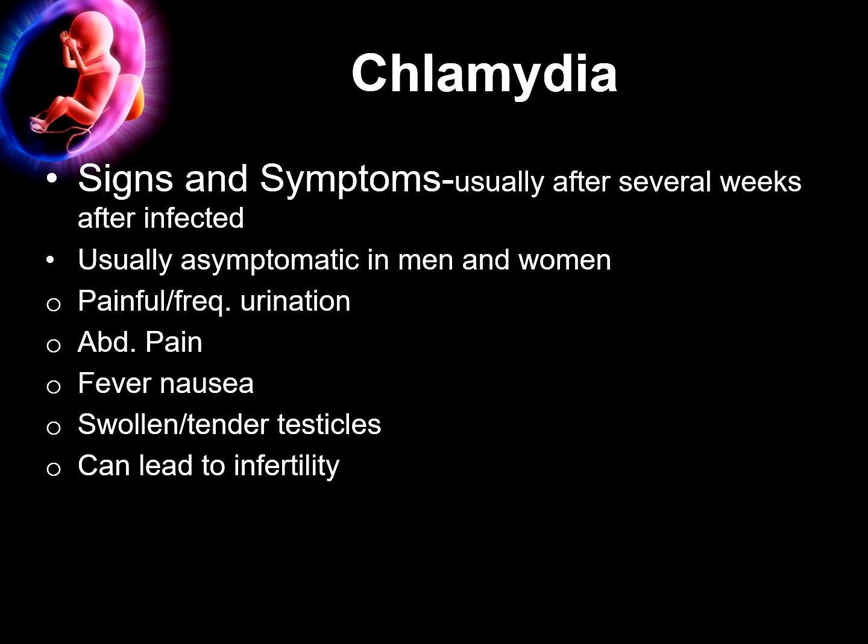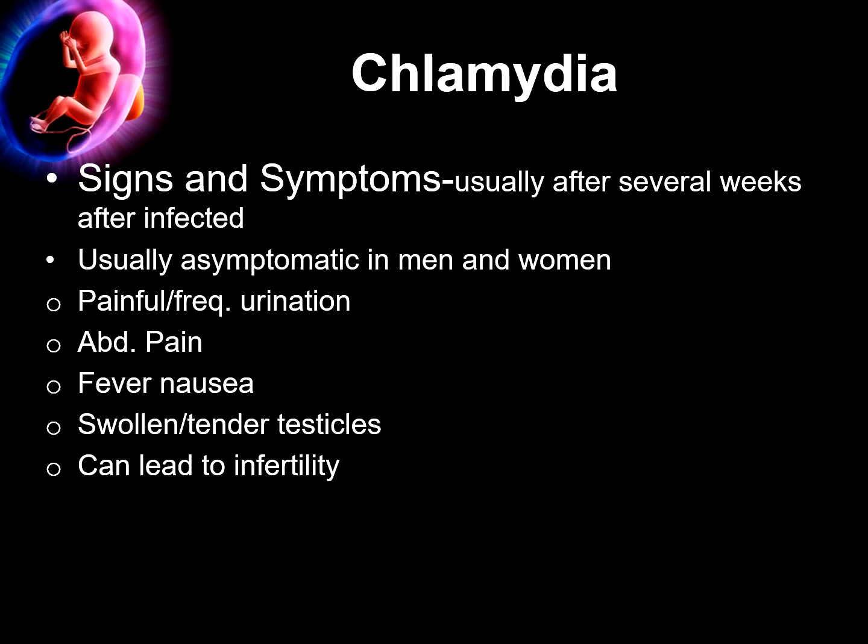We need to make sure that we test for this when we see clients in clinics for annual exams, because this is very, very common in our population, and it is contagious. Males can get urethral infections with chlamydia.